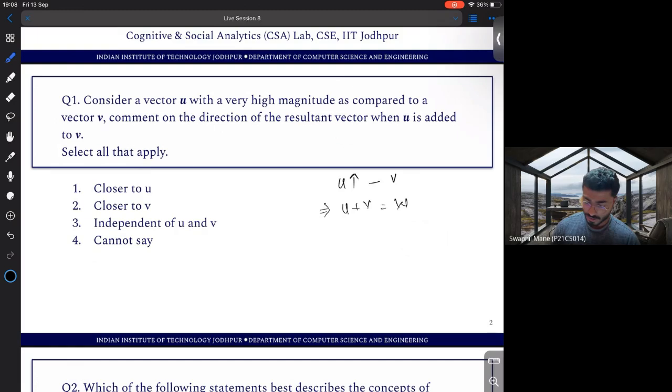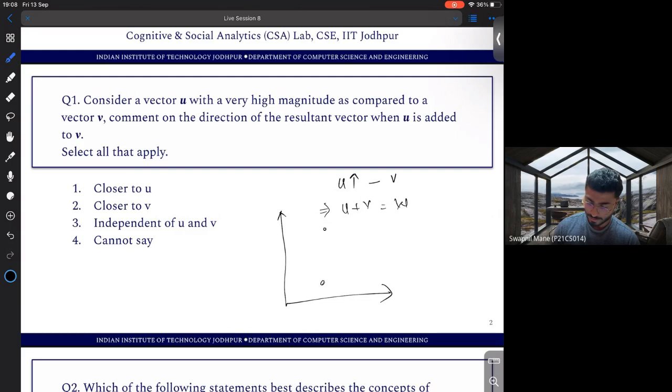Let's visualize these two vectors. Let's assume the first vector is at this position, and the second is comparatively very low. That means u is a vector of very high magnitude, and v is the lowest magnitude vector.